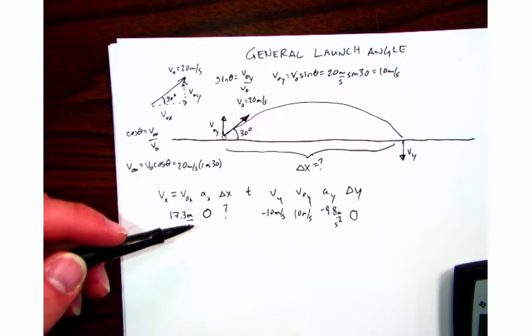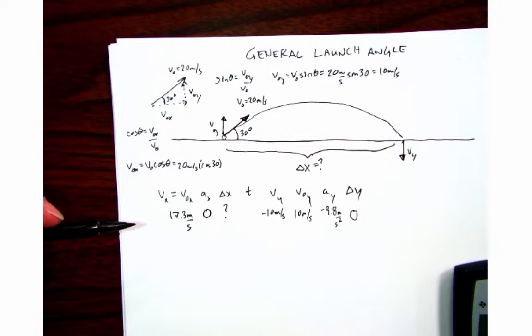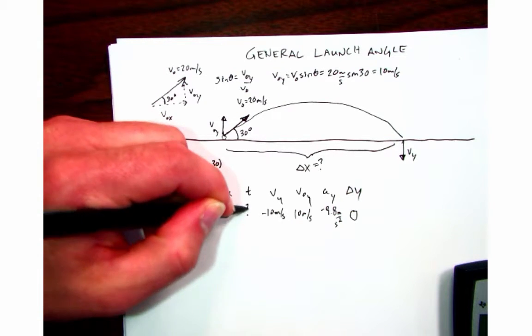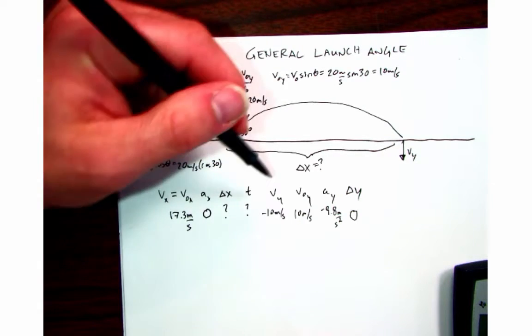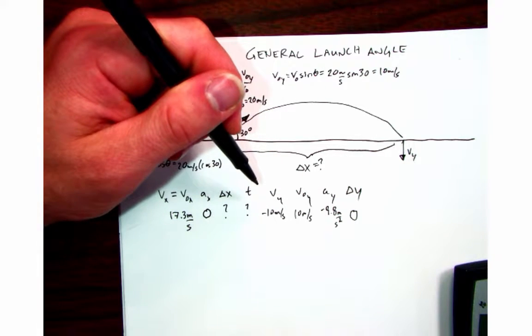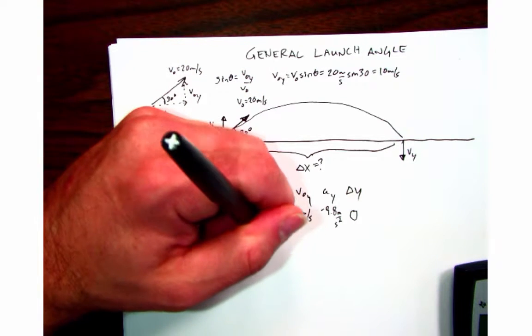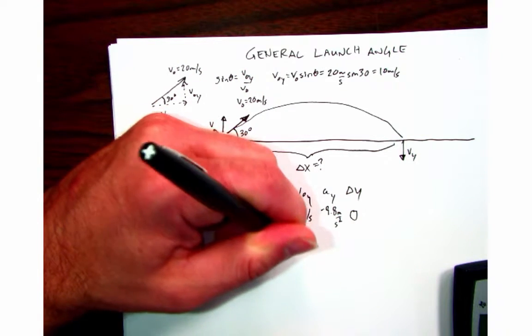So I have to get time, but I'm going to get it from my y variables. So this becomes a question mark as well, and I know everything. Basically, I can use any equation that has time in it, and so I'm going to use the easiest one. That's the equation Vy equals V naught y plus AT.